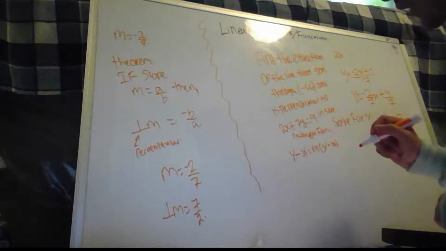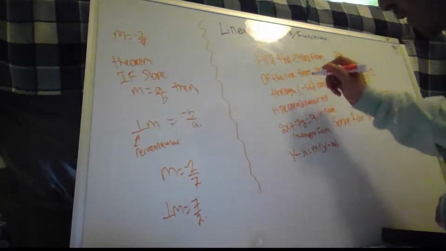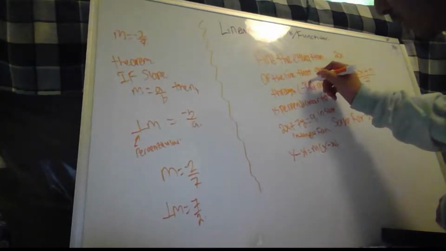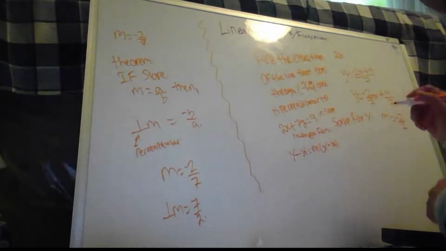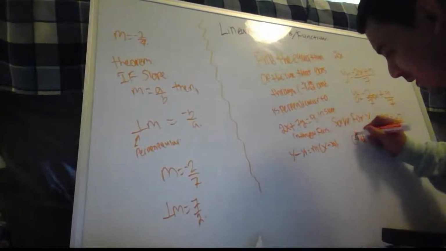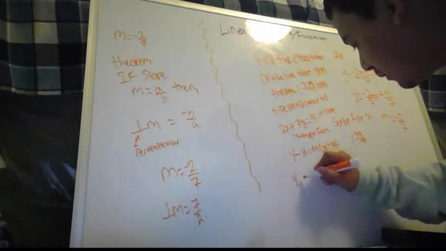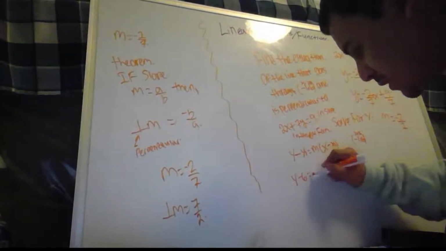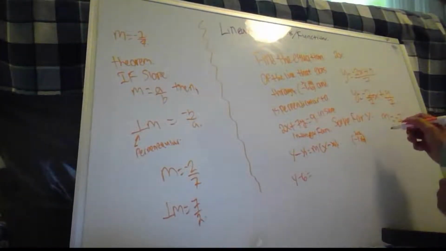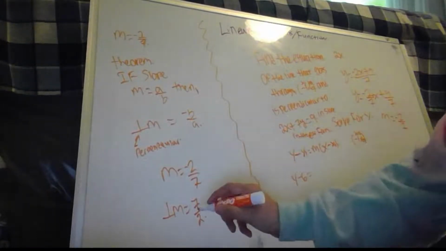So basically, this is x1, y1, because it's the only point that we have, right? (-1, 6) is x1, y1, right? So we have y minus 6 equals, and then we already have our perpendicular slope over here.